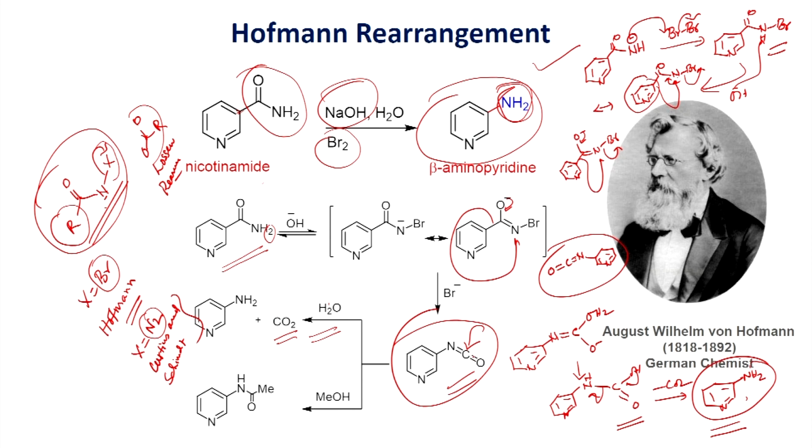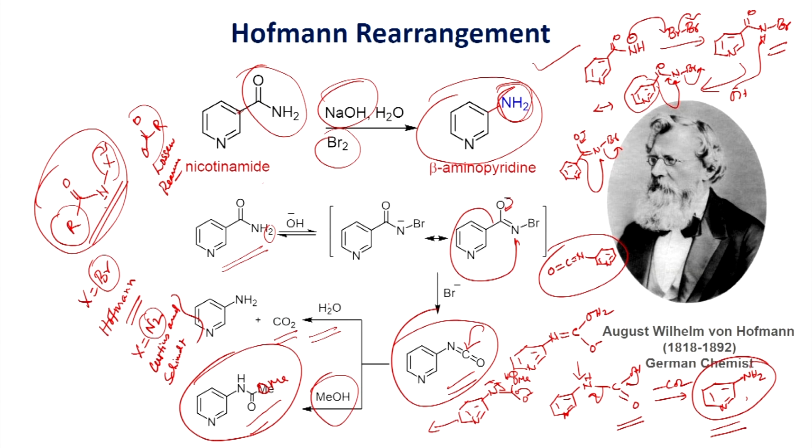If you add another nucleophile, for example methanol, you form this, and proton transfer can give this carbamate as a product. So if you add methanol, you will be able to produce the carbamate as the product.